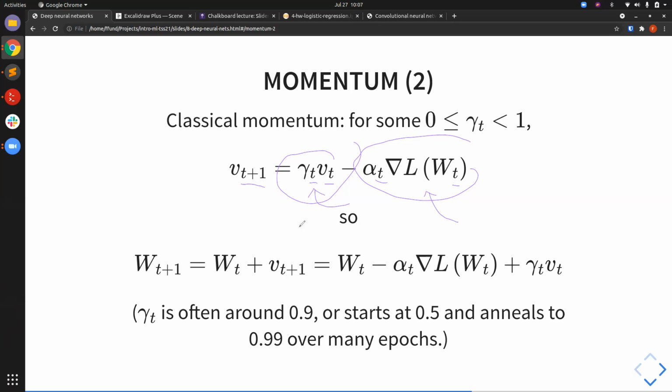And you can see that if the gradients keep moving in the same direction, you accumulate momentum and move faster and faster in that direction. If the gradients are moving in different directions, then this term will kind of cancel out. So this weighted moving sum will cancel out the opposite directions, and you don't move as fast in those directions. Right?